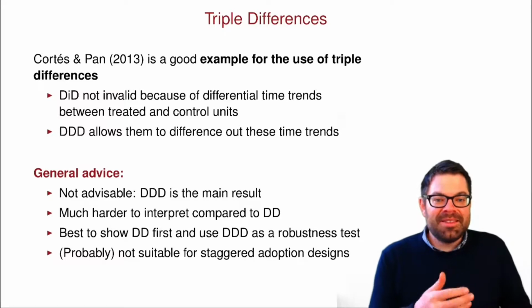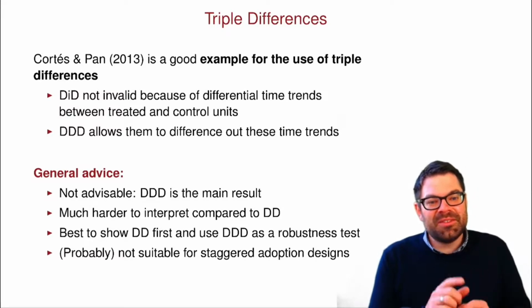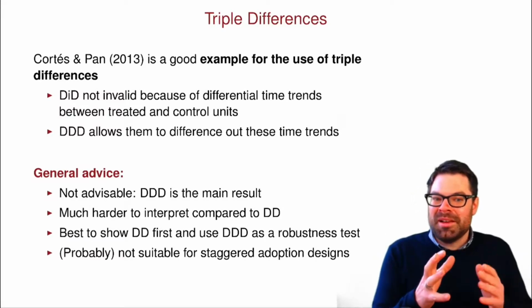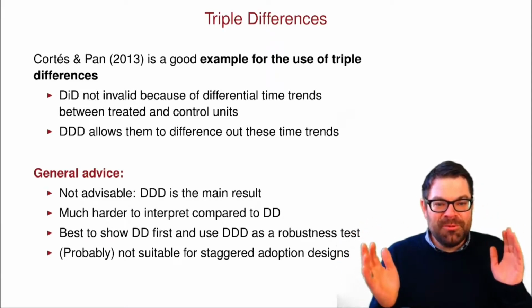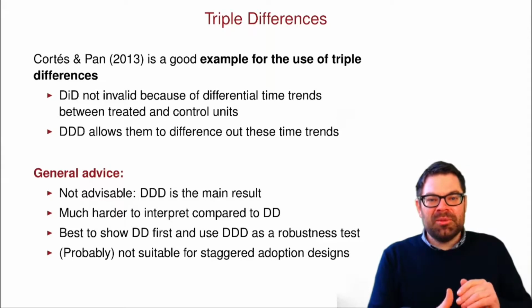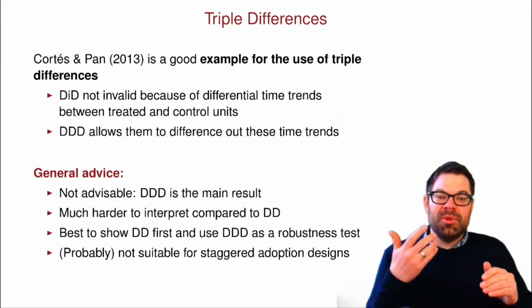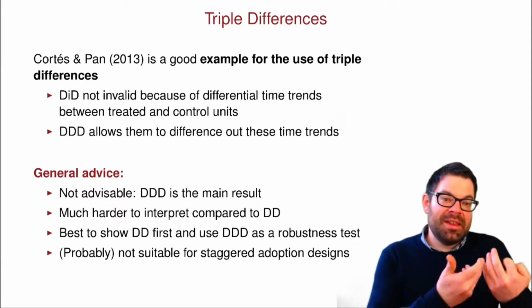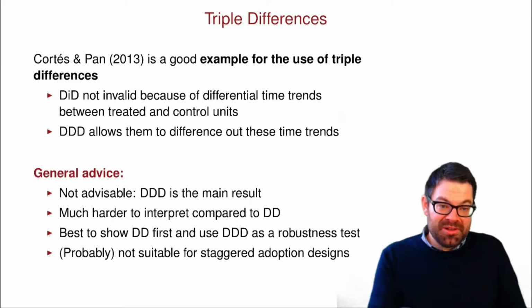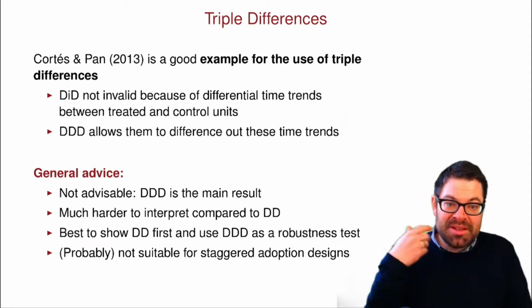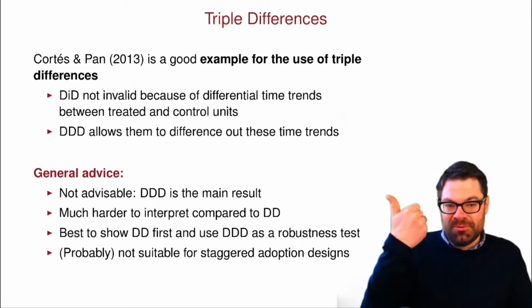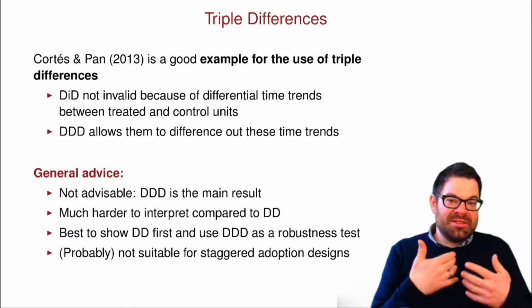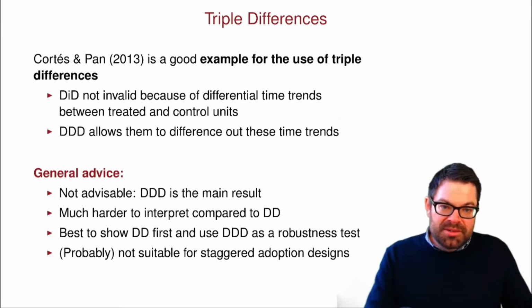But otherwise, it's typically used more as a robustness test to say, look, you may still be worried in my 2x2 or in my whatever, short diff in diff. You may be worried about the parallel trends assumption being violated. Now I'm using an additional control group that is plausibly unaffected by the treatment, and that helps me to difference out any sort of unit-specific time trends or unit-specific shocks.